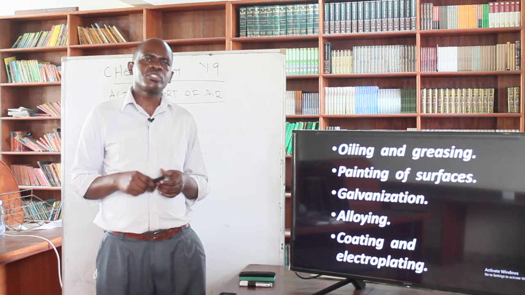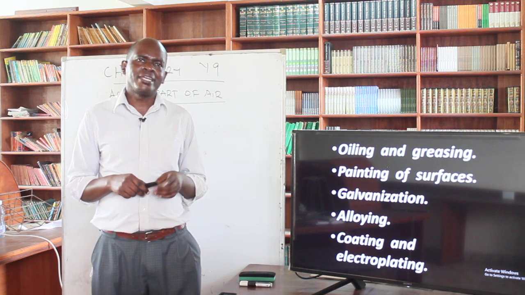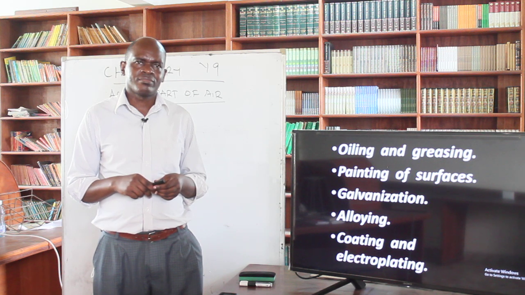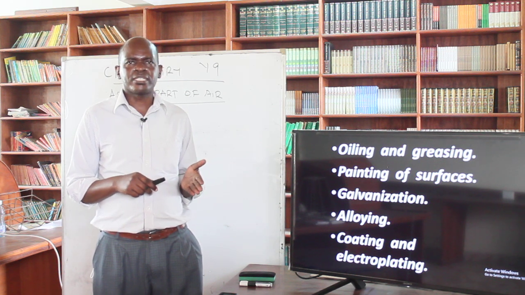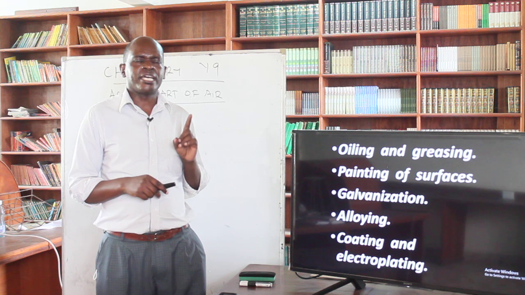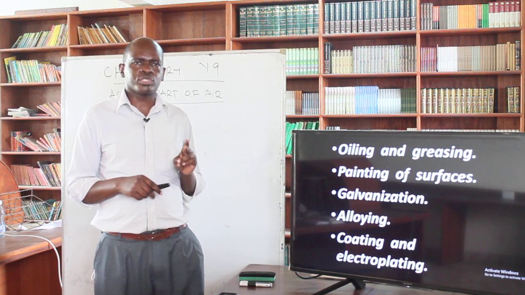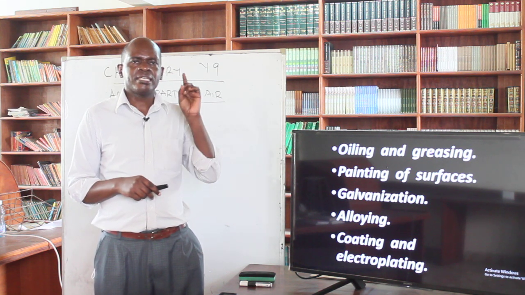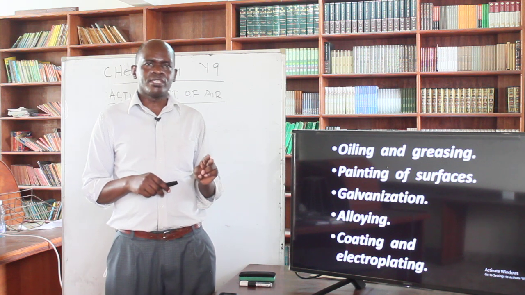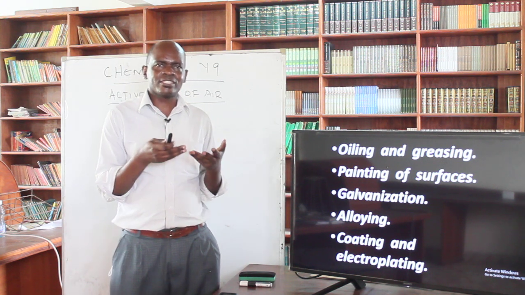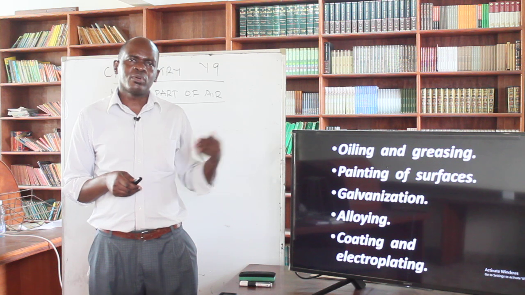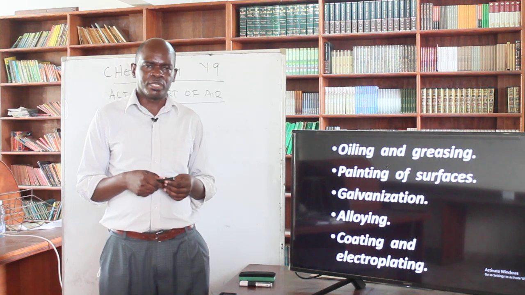Right now in the iron sheets industry, they normally combine zinc and aluminium on the surface of iron, so that it has the strength and also has the resistance to corrosion. Zinc gives the strength, aluminium gives the resistance to corrosion and the lightness of the iron sheet. And because the iron is inside, it will be protected from rusting.